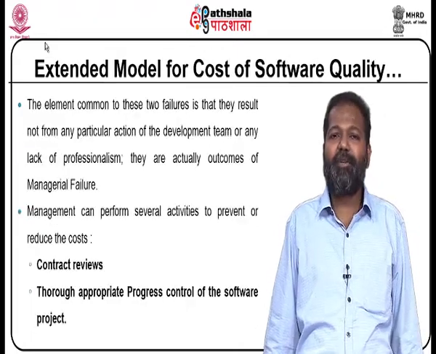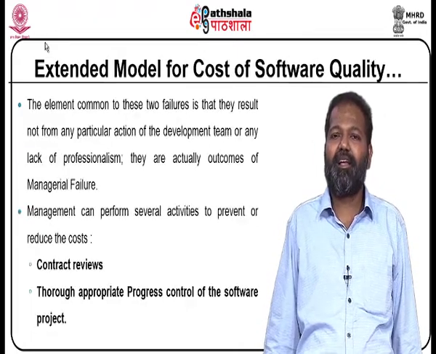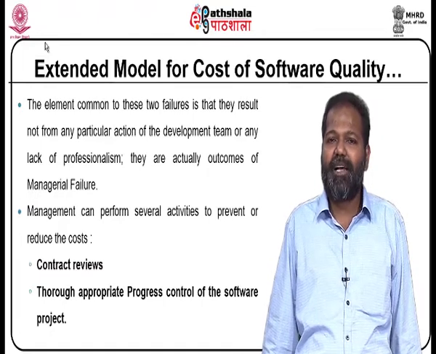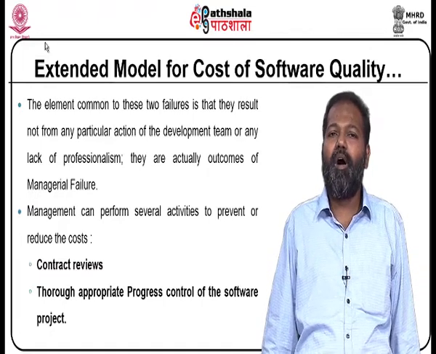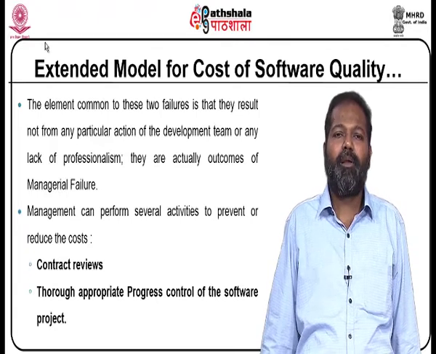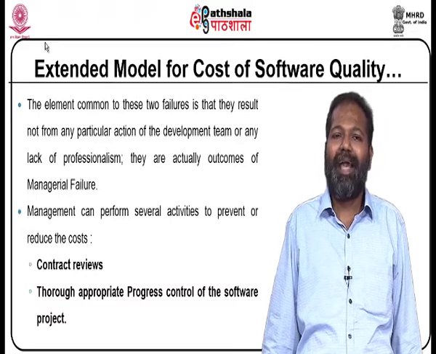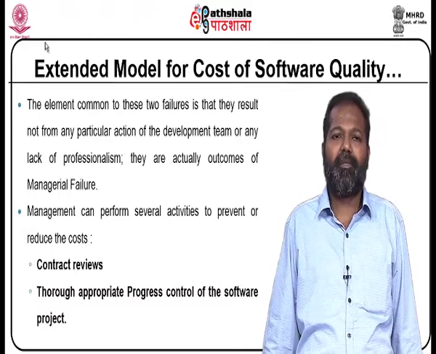The element common to these two failures is that they result not from any particular action of the development team or any lack of professionalism. They are actually outcomes of managerial failure.